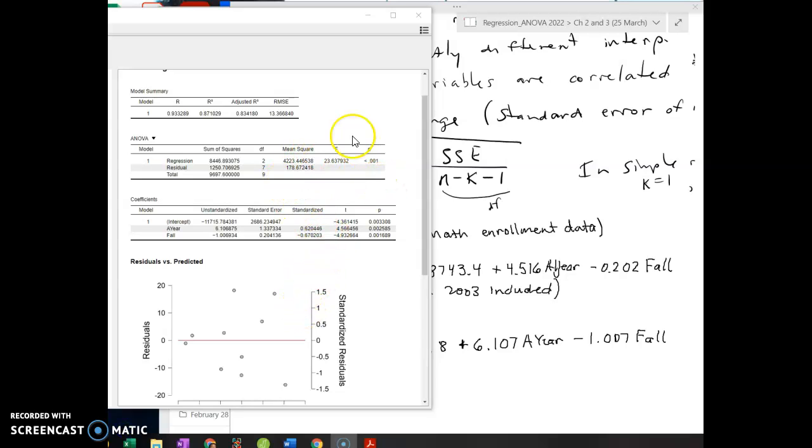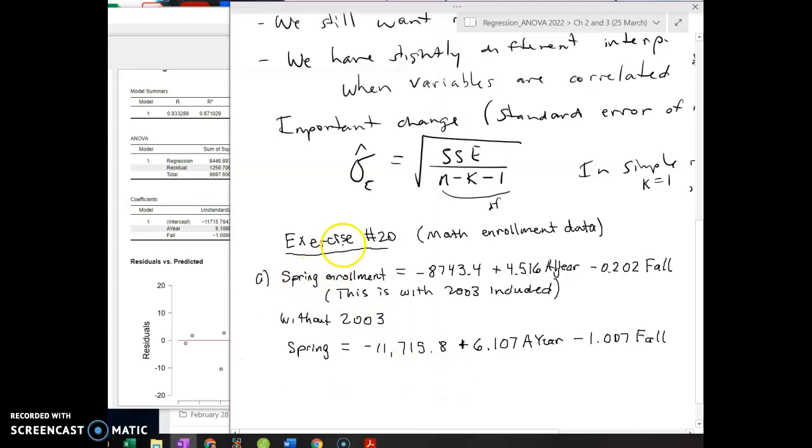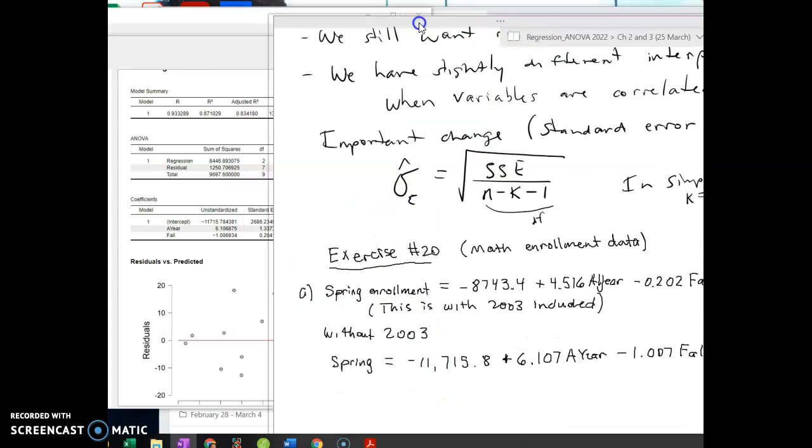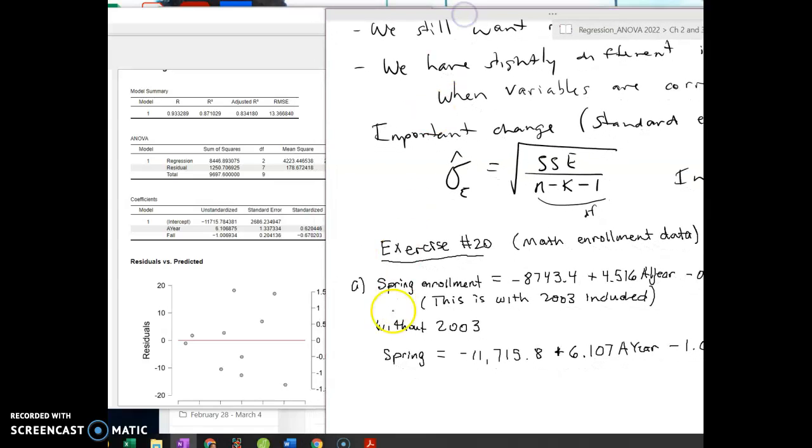So here's the JASP output, and you can see the mean squared error. The mean squared error is about 178.67, which means your standard error for the regression is the square root of that, which would be somewhere between 13 and 14 as we saw on the other slide.